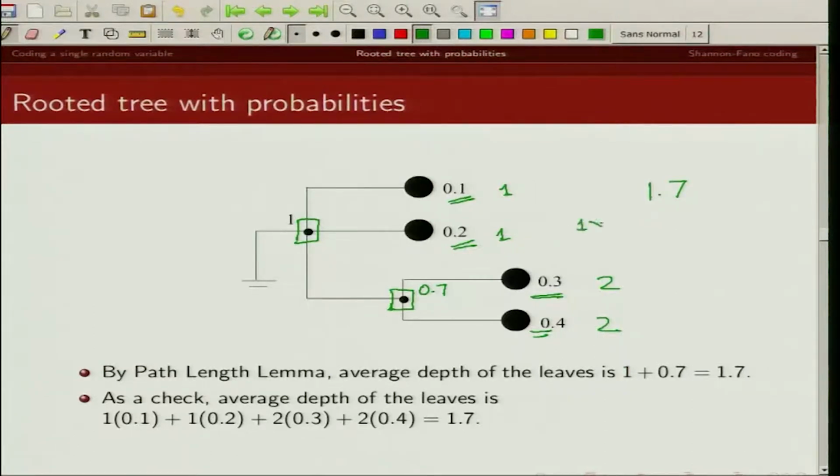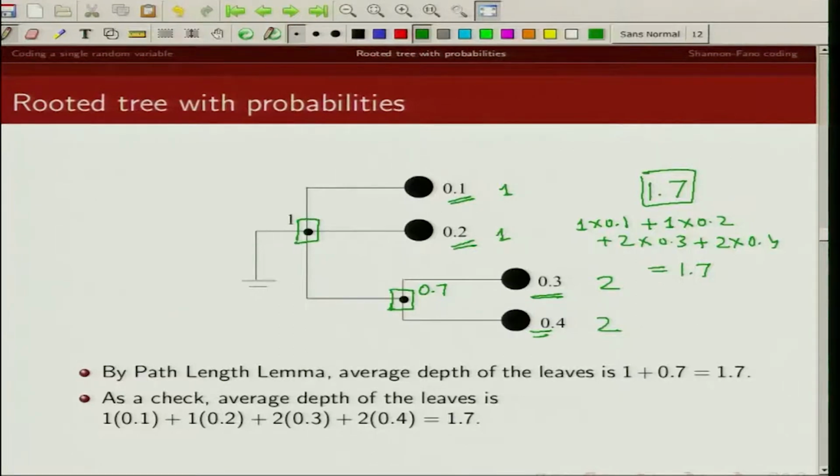This is 1 into 0.1 plus 1 into 0.2 plus 2 into 0.3 plus 2 into 0.4, and this is equal to 0.1, 0.3, 0.9, and this is 1.7. This is precisely the number given by the path length lemma.